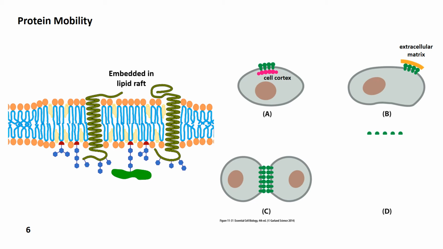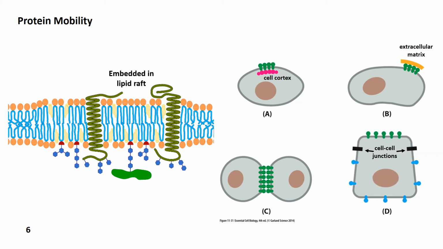It's also possible to have membrane proteins anchor to other membrane proteins, as shown in panel C. If these proteins are associating with one another, you can imagine that these proteins on the surface of both cells would be less able to move around because of this cell-to-cell contact.